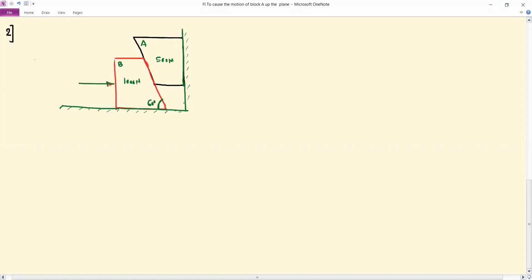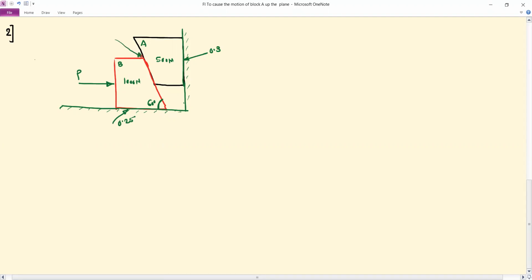And force P is applied on the block B exactly in the horizontal direction. So the coefficient of friction is 0.25 at the floor. So here friction is 0.25. This is static friction. 0.3 at the wall, and 0.2 between the blocks.